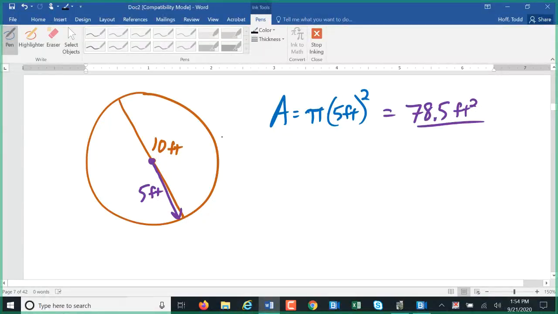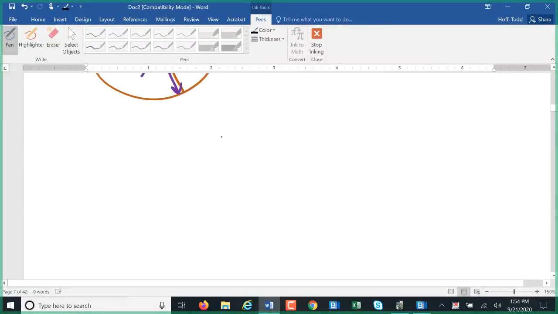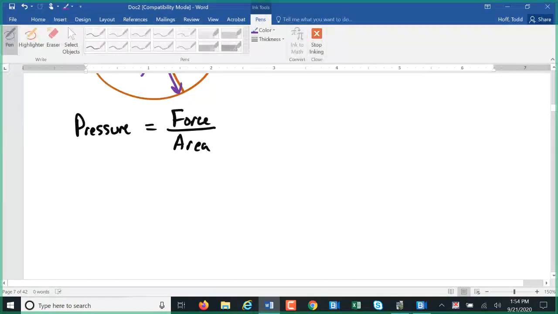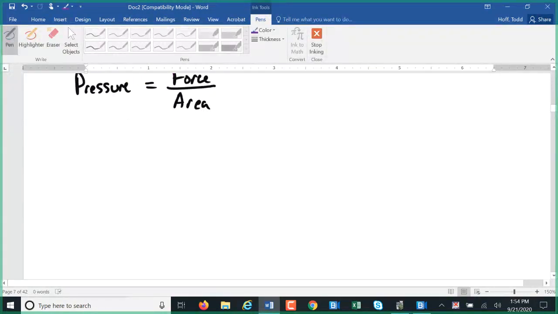Some things that we want to use our areas for. Pressure is defined to be force divided by an area that it's spread out on. In construction, if we have a 6-inch by 6-inch post.